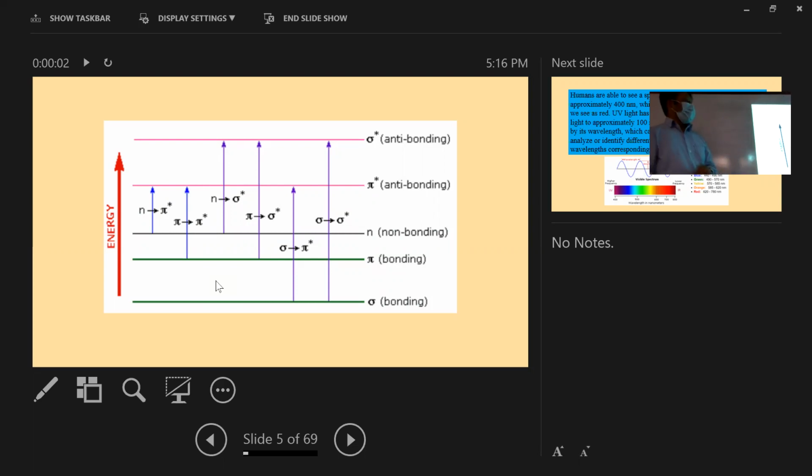If we consider this the first shell, and the electron absorbs some energy, it has the capacity to jump from the first shell to the second shell, or first shell to the third shell. So if we put some energy, it can jump from here to here, or even here to here.